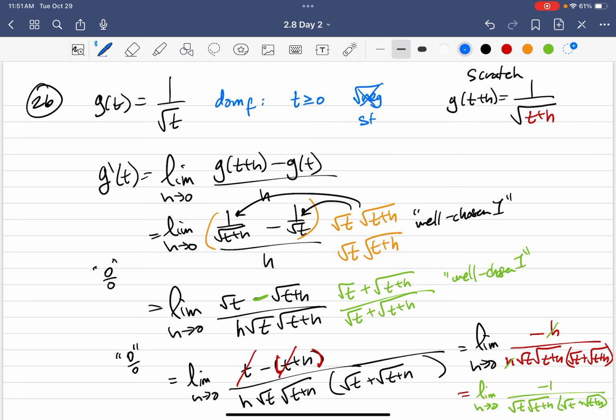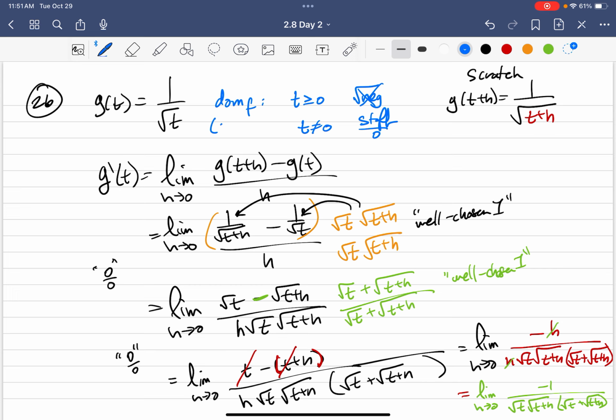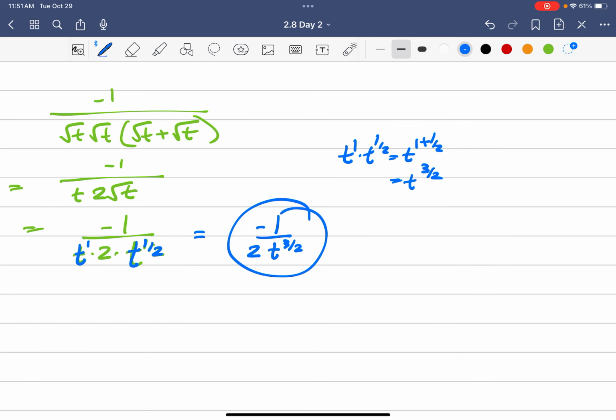But we also, because we have stuff over 0, I think it should be clear that t cannot be equal to 0. So the domain for this thing is going to be 0 to infinity. If we come over here, I think it is going to be the same exact thing. The domain of this f prime is going to be 0 to infinity for the same reason.